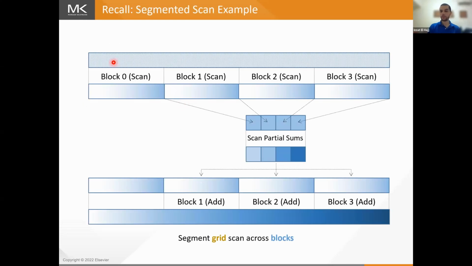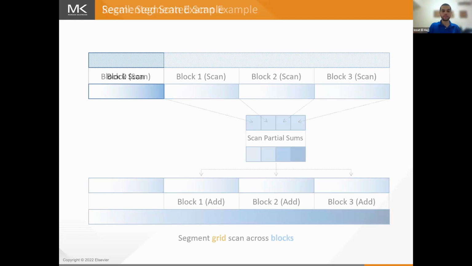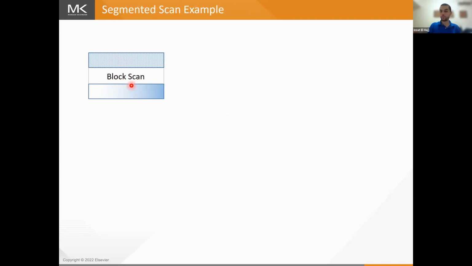So before, we were segmenting the scan across thread blocks. Every thread block was doing its scan, we were scanning the partial sums, and then we were going back and adding in each thread block. Well, we can use that same approach to have every thread responsible for more than one element and do a sequential scan. So here we can take that individual block scan and segment it across threads.